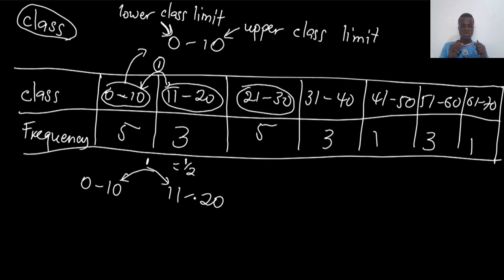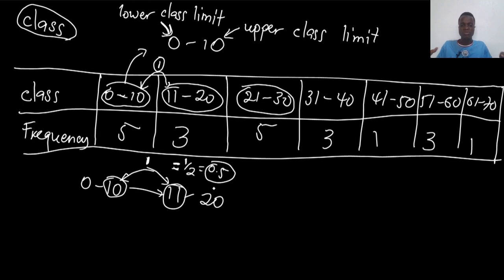So let's talk about this limit. This is what connects to the next class. I'm talking about these two. If the difference is 1, then half of it is 0.5, right?